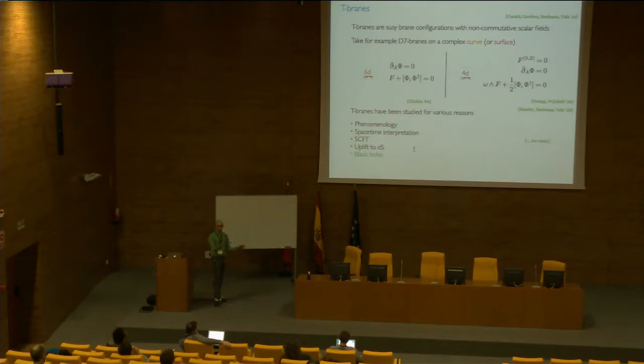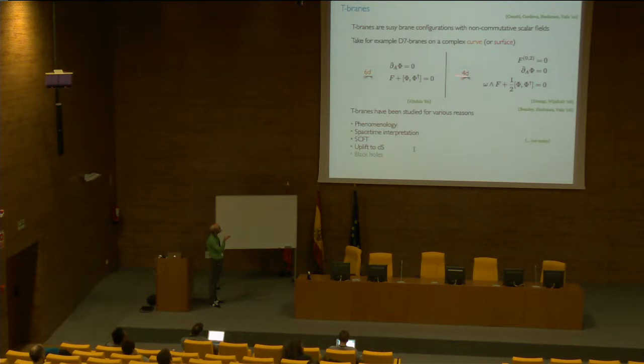So now I will go to the other part. I will talk about T-branes. They were introduced in F theory. So for T-branes in general, I will take some brane configurations where the scalar fields that describe the position of the branes are taken to have non-commutative values.